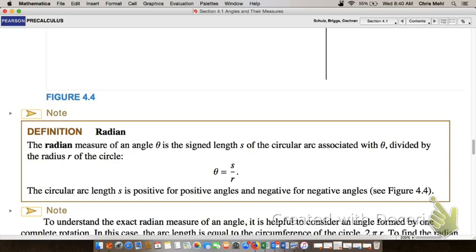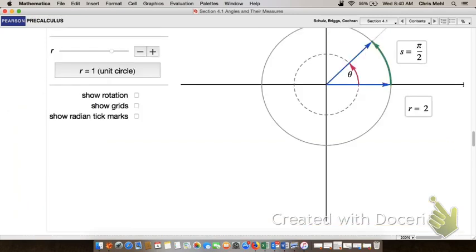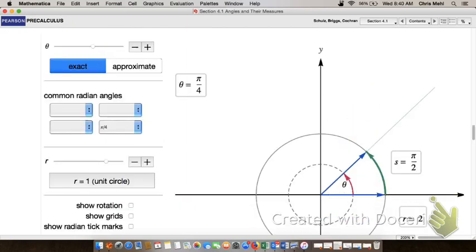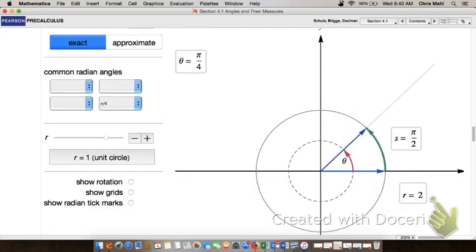The circular arc length s is going to be positive when you have positive angles, when you've rotated counterclockwise, and negative when you've rotated clockwise. So, coming back to the picture up here, you can see it a little better. In this case, we have a counterclockwise rotation, so it's a positive angle theta. So you can see that the arc length s also has to be positive.